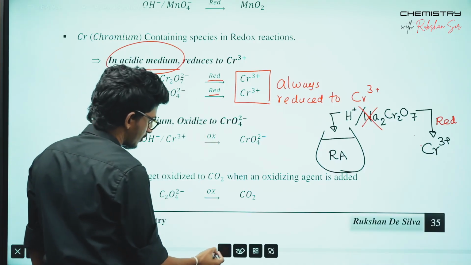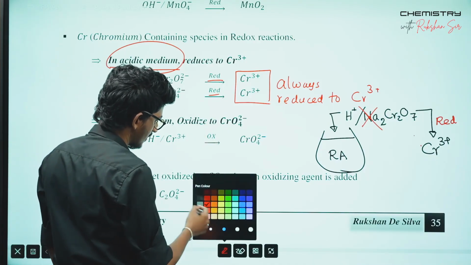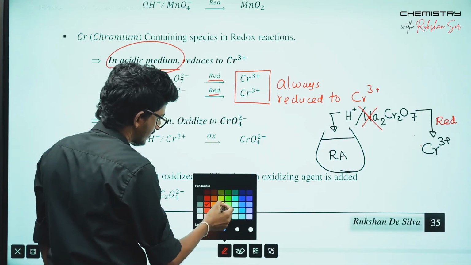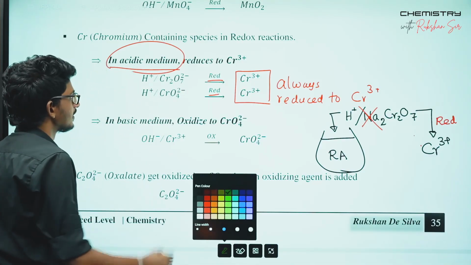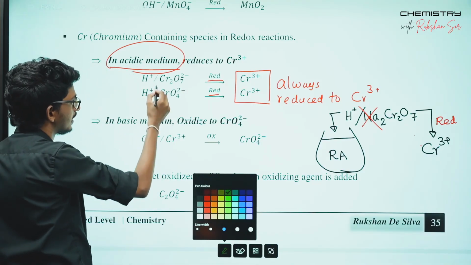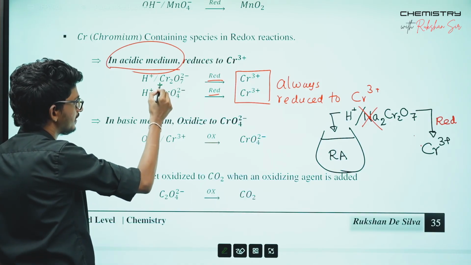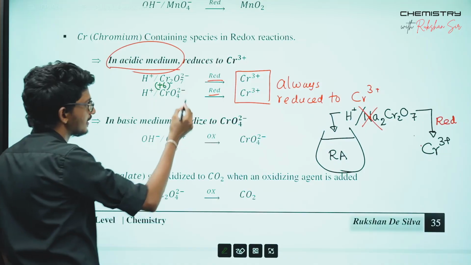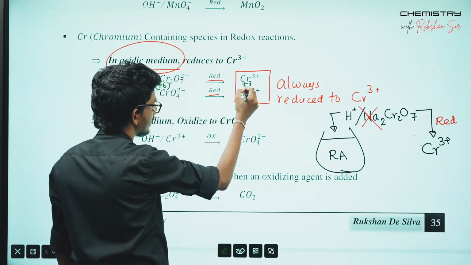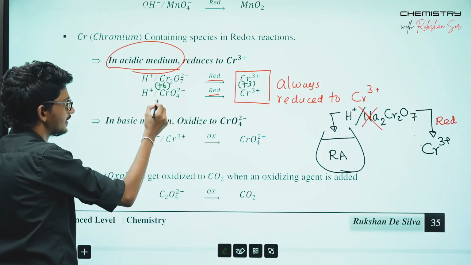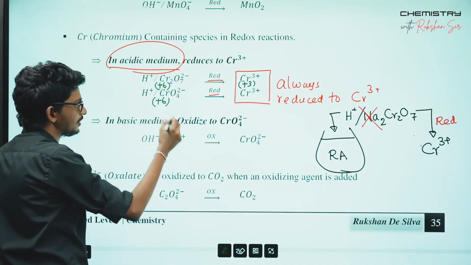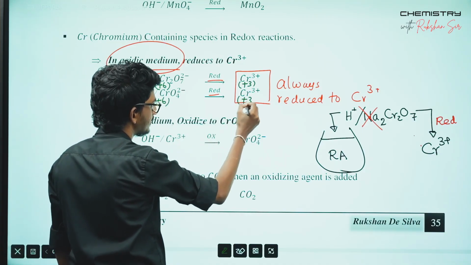If you think of the oxidation state here, you can clearly see that reduction. What is the oxidation state here? This comes up with plus 12 divided by 2, which is plus 6. So here the plus 6 reduces to plus 3. Here also the plus 6 reduces to plus 3.